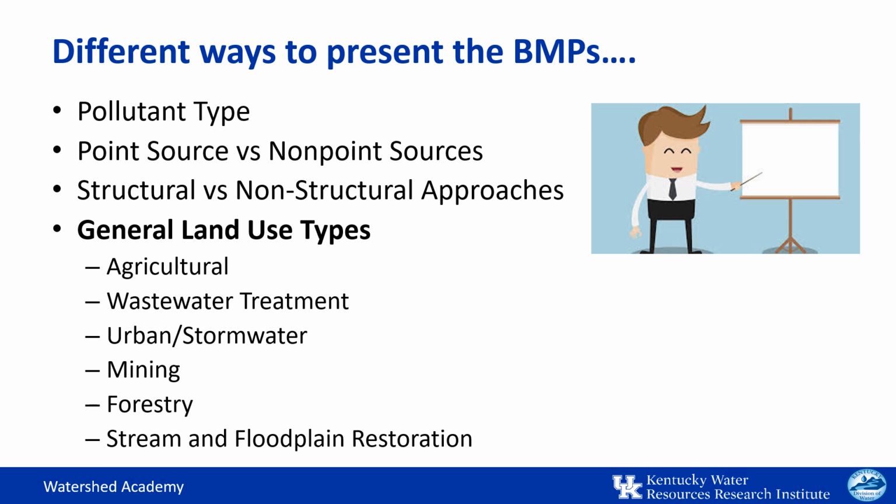This presentation of BMPs could have been approached in several different ways. BMPs can be categorized by the type of pollutant that's being targeted and addressed, such as sediment, organic enrichment, nutrients, or pathogens, the source of the pollution, such as practices that focus on either addressing non-point runoff sources or the point sources, or the type of strategy being used, whether it's structural, which are built facilities that capture runoff, treat it through chemical, physical, or biological means before it's discharged, or non-structural controls that typically involve changes in activities or behaviors.